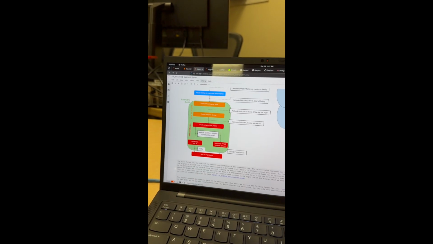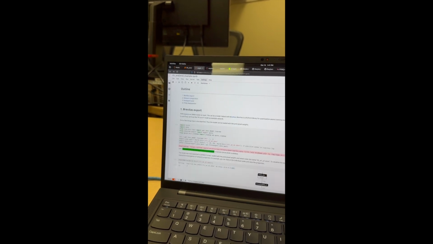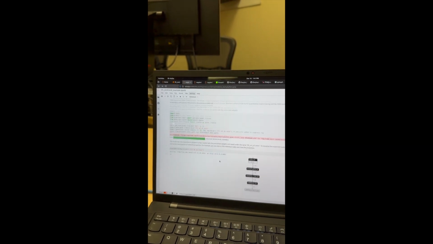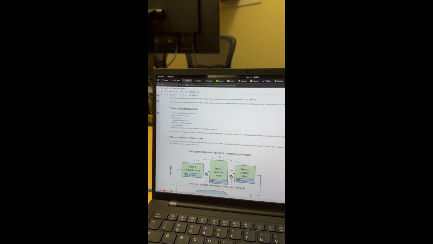But these are the chunks of code that actually do these operations. So Brevitas, this is turning this into something that's FINN compatible. We have network preparation.